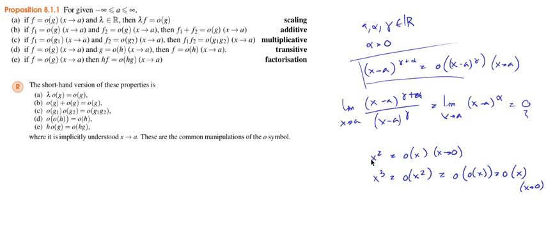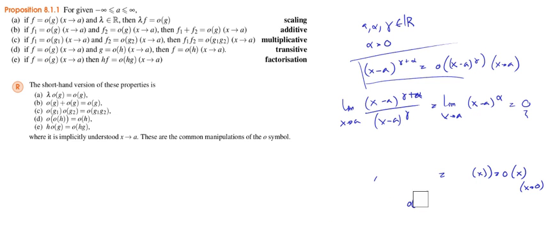So what this means is that x squared and x cubed and every other higher power x to the alpha when alpha is greater than 0 are small o of x. That means that they are going to 0 much faster than x. If you think about the parabola, it goes like this, so they're approaching 0 much faster than the line, right? So that's how you need to think about these things. This is going to be very useful for computing limits, but also for many other purposes.